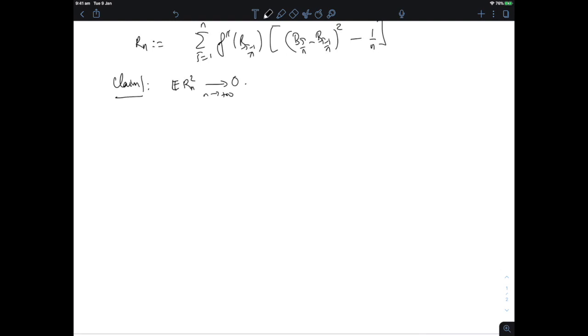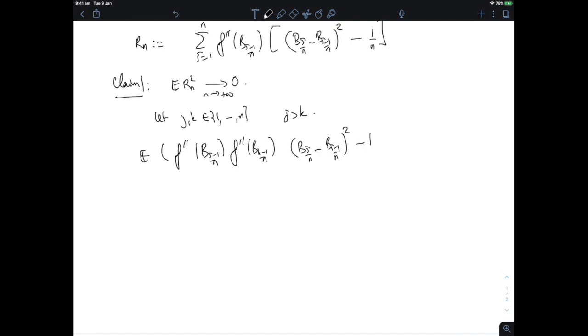So let's prove that. To do that, we use the usual trick of expanding the double sum and using some orthogonality. Let j and k be two numbers between 1 and n, and let's assume that j is greater than k. Then let's look at the expectation of f''(B_{(j-1)/n}) f''(B_{(k-1)/n}) times (B_{j/n} - B_{(j-1)/n})^2 minus 1/n, times (B_{k/n} - B_{(k-1)/n})^2 minus 1/n.